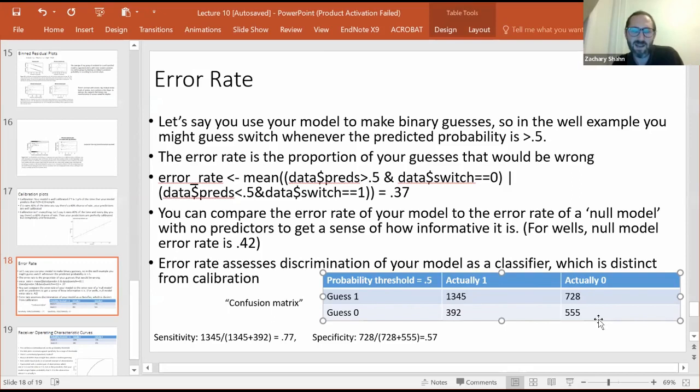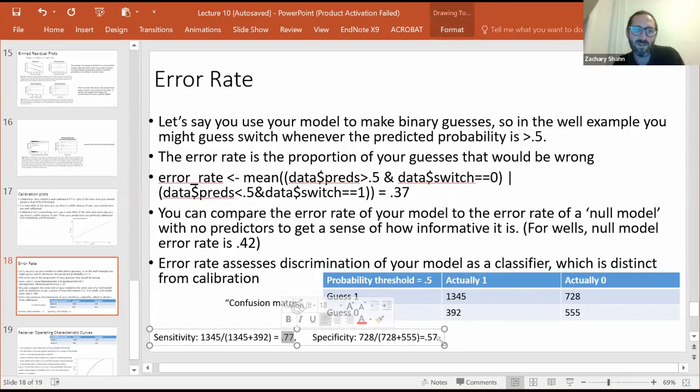And from this confusion matrix, you can compute the sensitivity and specificity, where the sensitivity is the probability of guessing one, given that it was actually one. How sensitive are you to the true ones? And that's just 1345 over the sum of 1345 and 392 here. So the sensitivity is 77%.